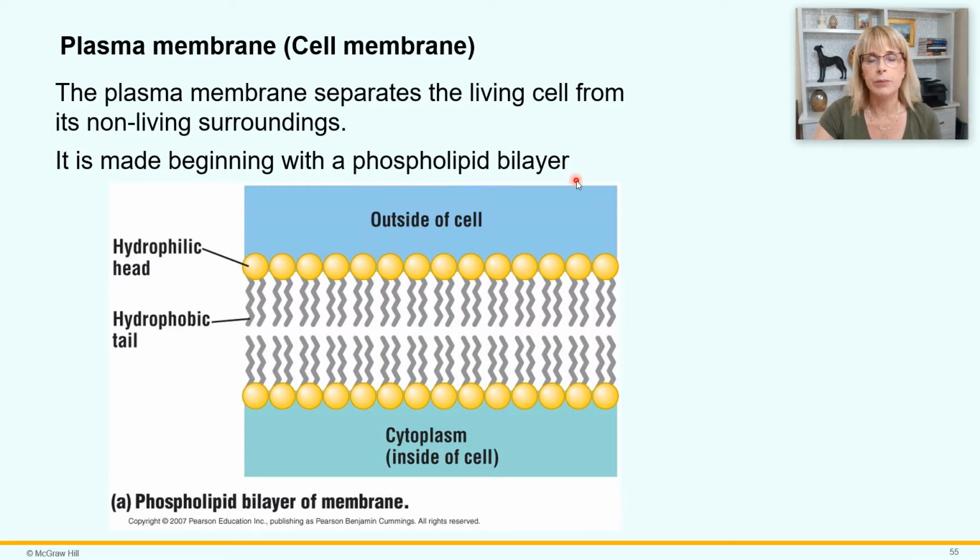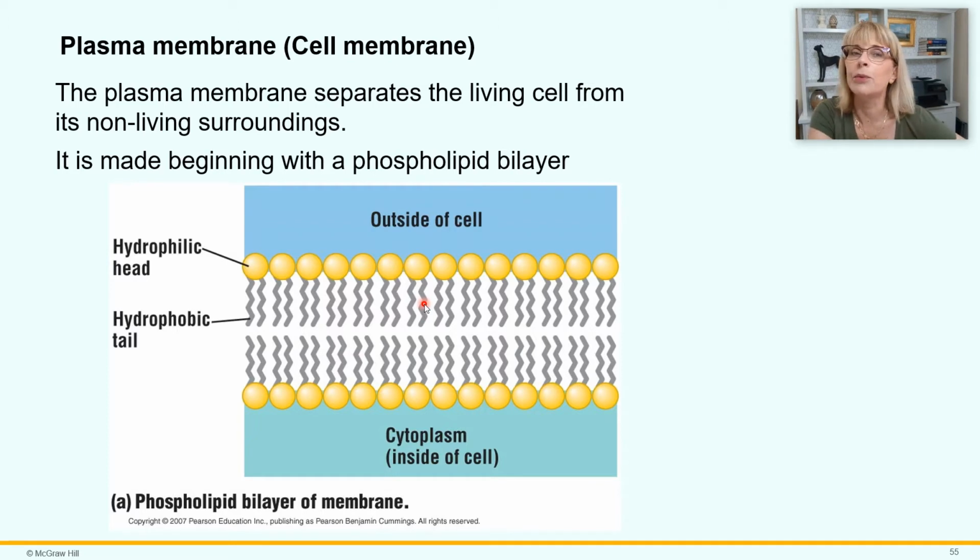Okay, phospholipid bilayer. A bilayer means two layers, and these phospholipids that we've been describing naturally form, when you put them into water, these structures that are two layers thick. Two layers thick because each molecule is amphipathic.